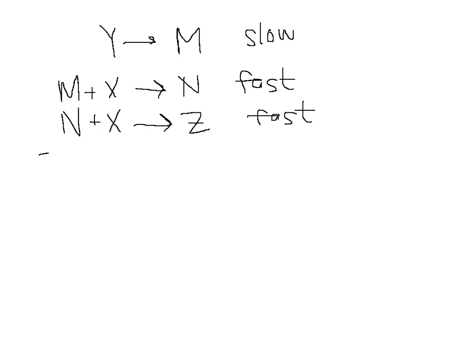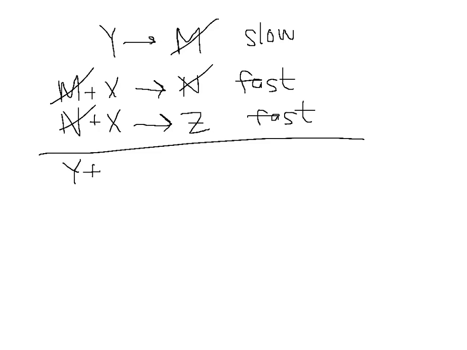So first step, let's solve for our balanced equation. Cancel out anything that's similar on the right side of the equation as the left side. Cancel out my M's, and guess what? We're going to have Y plus 2X equals Z.